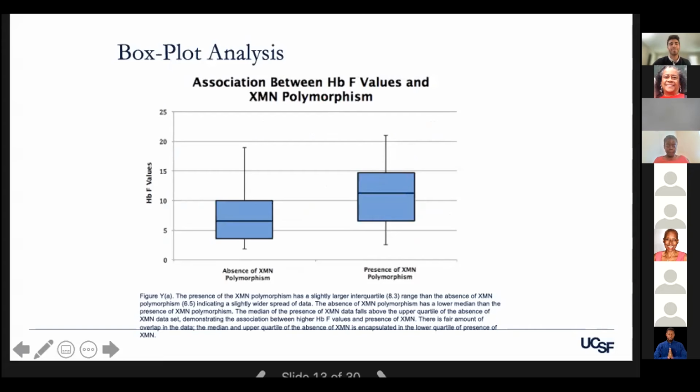Okay, sorry about that. What I did was I had a graph of abnormal and normal MRA, so people who have stroke, and I tried to see if it was correlated with the hemoglobin F levels, and it wasn't correlated. Which means that people with higher hemoglobin F levels still had stroke, right?